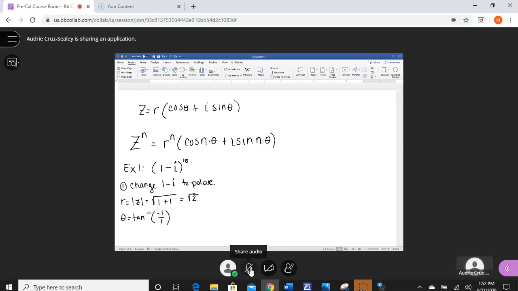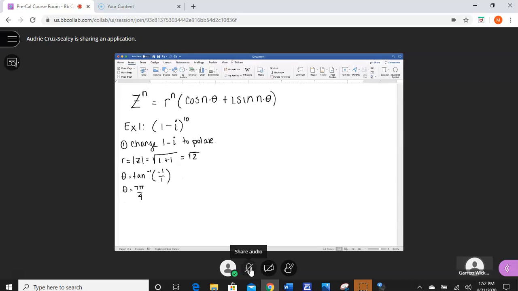That is 7 pi over 4 then. I don't know why I'm working 7 pi over 4 today. Okay, so then we have that our imaginary number in polar form is the square root of 2, open parentheses, cosine of 7 pi over 4 plus i sine.